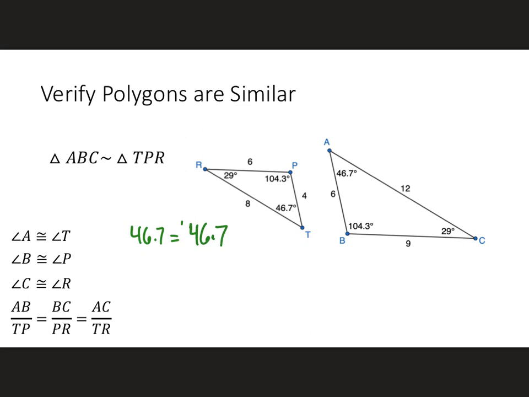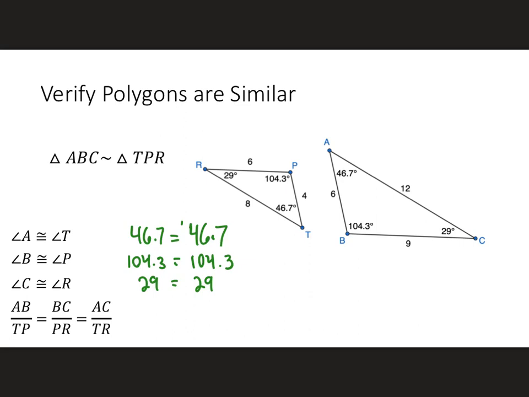Then angle B is 104.3 degrees. And that also equals angle P, which is 104.3 degrees. And finally, angle C is 29 degrees. And that matches up with angle R, which is also 29 degrees. So all of our angles are congruent to their corresponding angles.